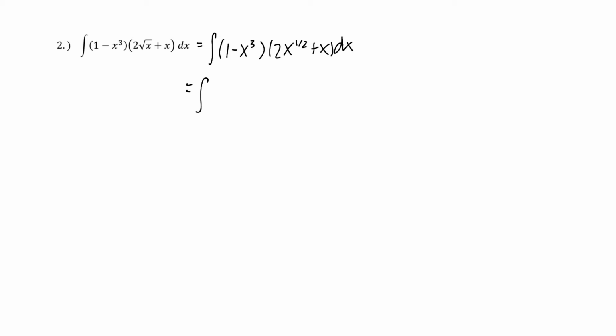So 1 times 2x to the 1/2 is 2x to the 1/2, plus x minus, this will be 2x to the 1/2 plus 3, which is going to be 7/2. Oops. x to the 7/2. x cubed times x is x to the 4th.